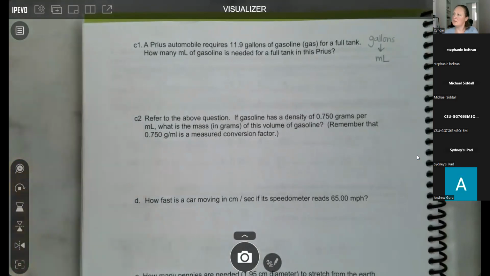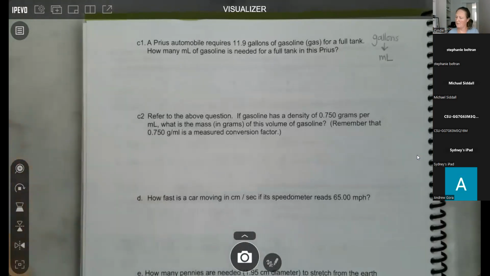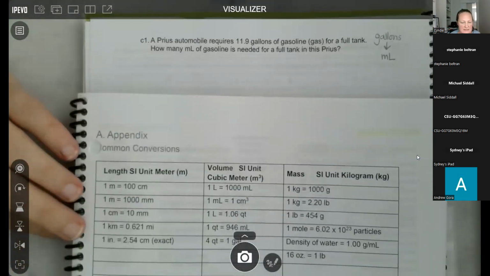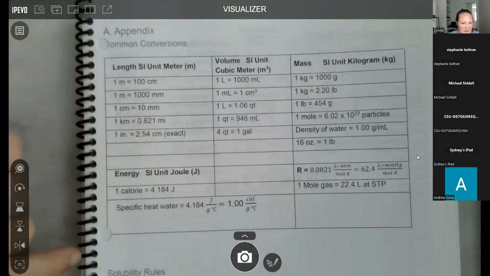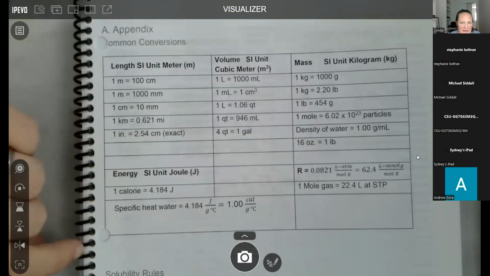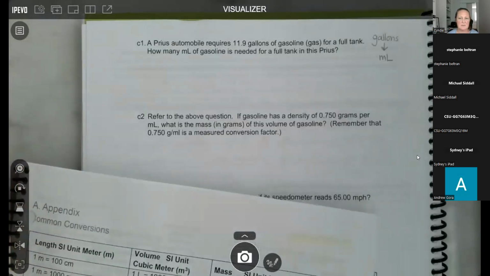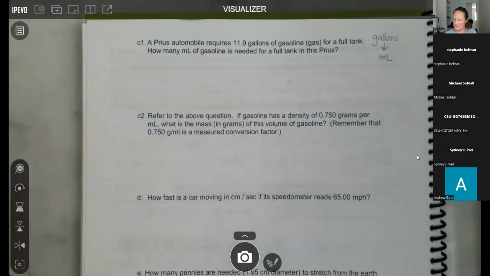Okay, let's see what we have. So it's a volume, and does it say anything about gallons? No. I'm sure I probably put what I wanted you to use in the pre-lab lecture. But let's see what I have here.